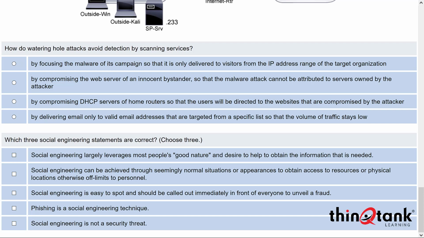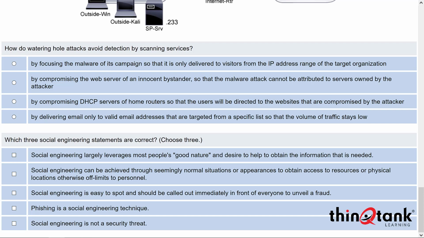That would be a pharming attack, and that would be specifically manipulating DNS. By delivering email only to valid email addresses that are targeted from a specific list so that the volume of traffic stays low. That would be more like a spear phishing campaign, right? Only a group of email users. So in this case, the answer is A.